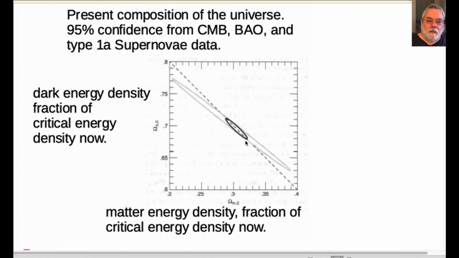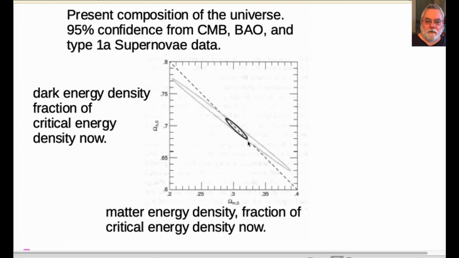The area within the long light gray bubble is the 95% confidence level from the data from the CMB combined with type 1a supernova data.